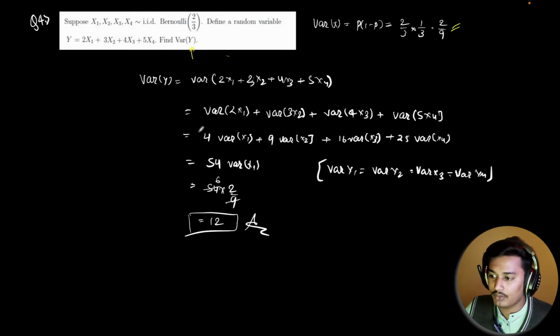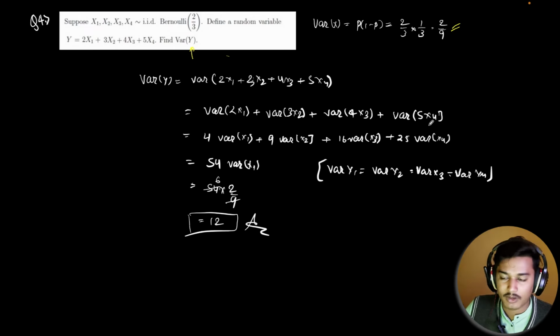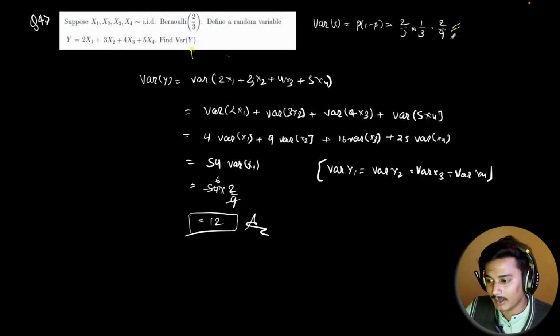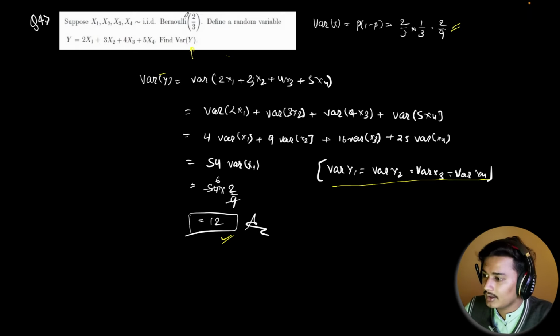So it will be nothing but 2 square variance of x1 plus 3 square variance of x2 plus 4 square variance of x3 and 5 square variance of x4, right? And when we add, all this will be 54 variance of x1, and variance of x1 is nothing but 2 by 9. So this way we will get 12 as our answer. Okay, now next, and why this? Basically we have all the variances equal, right? So that.